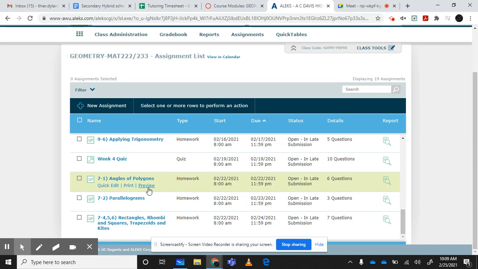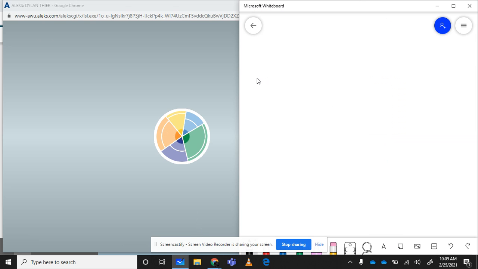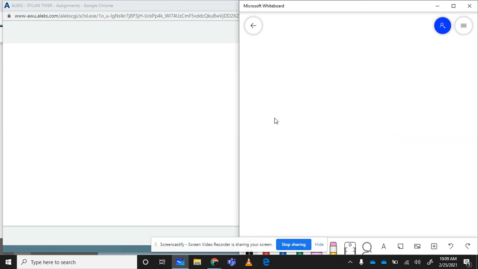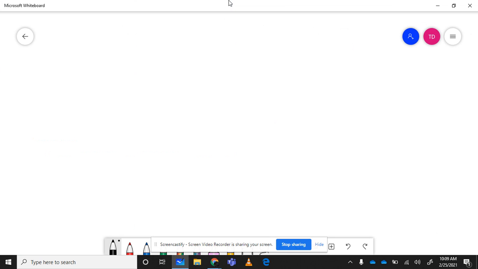Okay, so let's take a look at Monday's assignment, which was chapter 7.1 on angles of polygons. This topic is talking about generally the interior angles of polygons. The particular polygon that we've worked with so far in a lot of detail is the triangle.